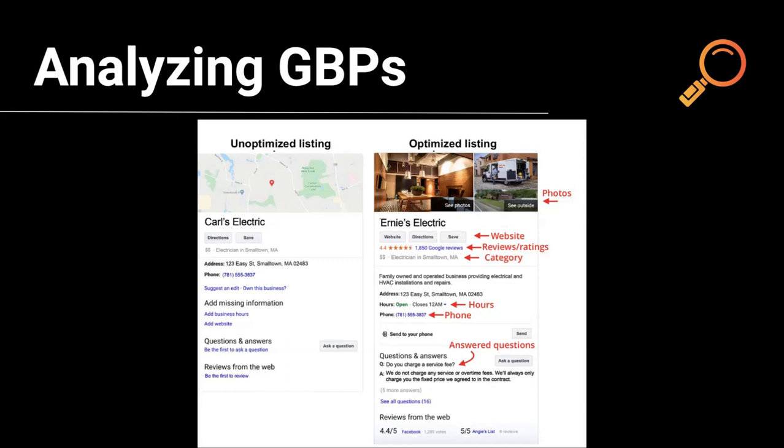It has their website. It's got an amazing amount of reviews and a great star rating. It also includes a description of their company, along with hours, their phone number, and even questions and answers. So I can imagine that everyone here would agree that we'd want to pick the Ernie's Electric option if you wanted to get electrical work done.